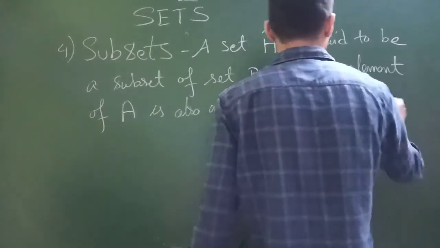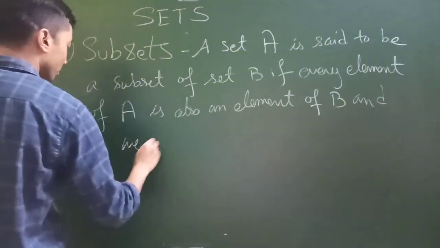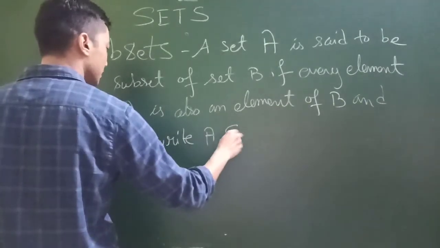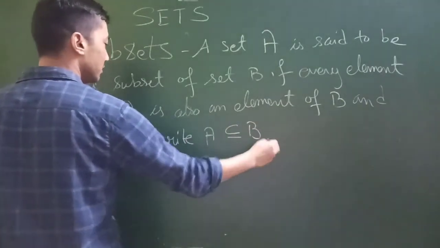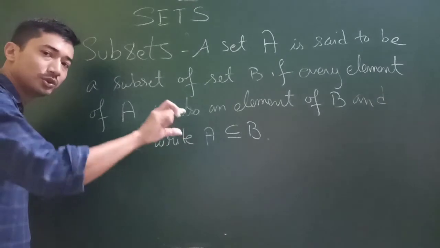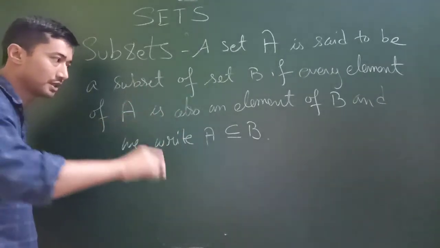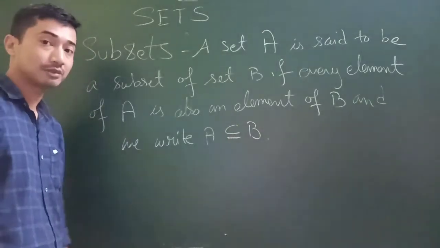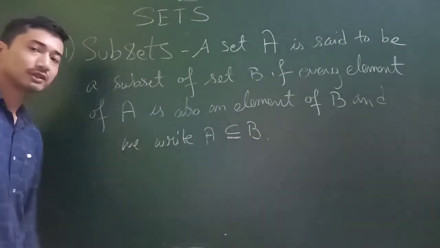And we write A is a subset of B. This is a notation that we use, in that form, no? I'll talk about the other symbols, please don't worry. Just write down the notation now.